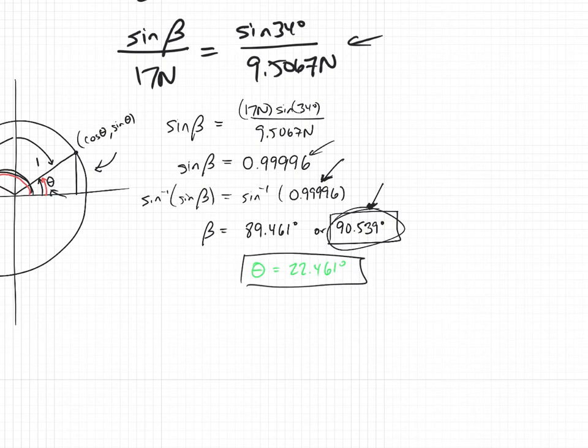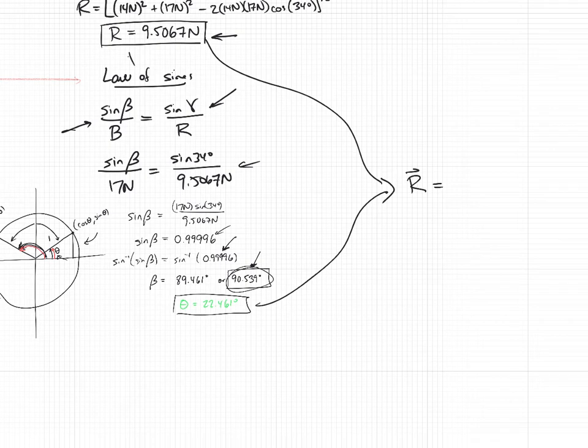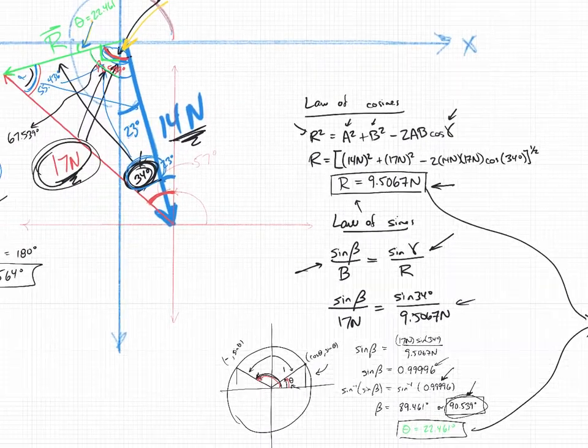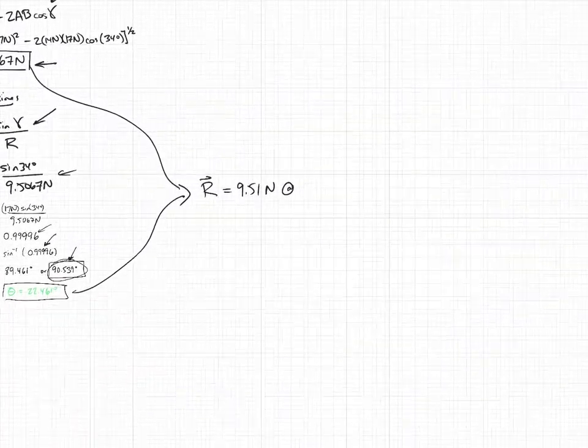Basically I want to combine these two black boxes here. And I can say that the resultant, now I'm going to put the arrow on it, up here was just the magnitude, over here it's the vector, is 9.51 newtons at an angle. Now we need to remember that this angle is being measured relative to the negative x axis, and we're going this way. 22.4 or 22.5.